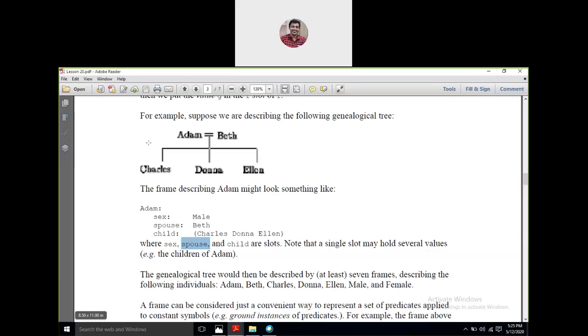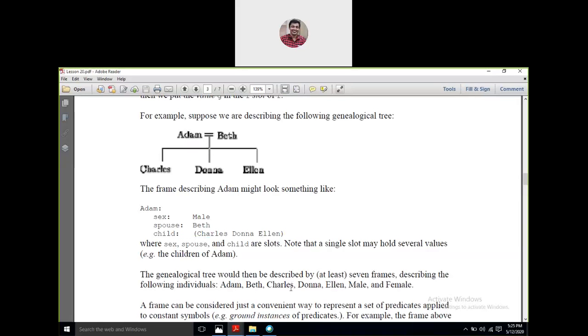If I want to classify all of them as a slot value for some other object where Adam will not be a frame, this particular class of frame will not be a frame, but Adam will be a slot out there, then what will be the minimum number of slots that are needed?